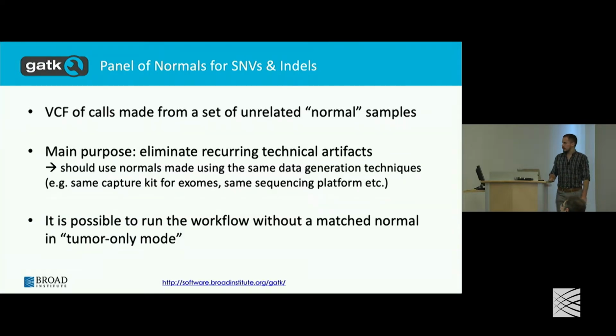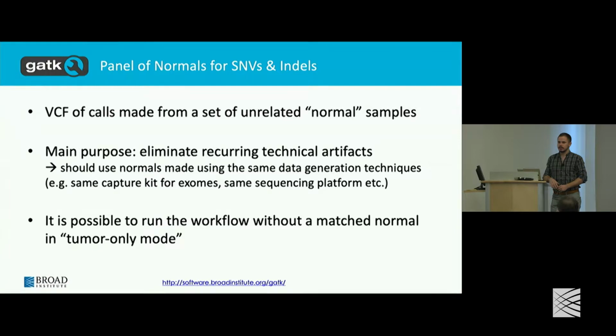Now, one of the more powerful things that we have now for filtering out false positives in the mutex workflow is what we call panel of normals, which is basically a VCF of calls that were made by calling mutex on a set of normal samples. And if that event pops out more than twice, then we put it in this VCF.